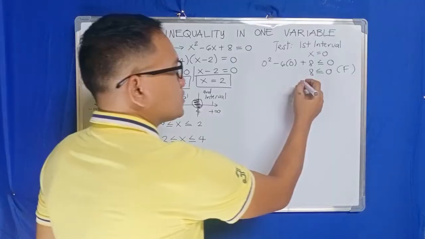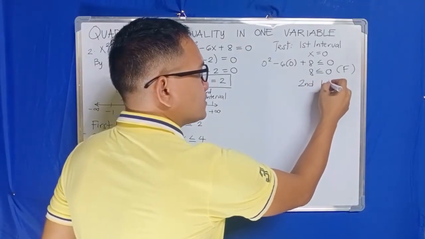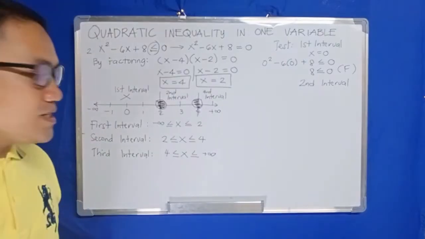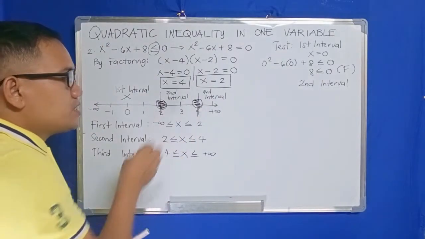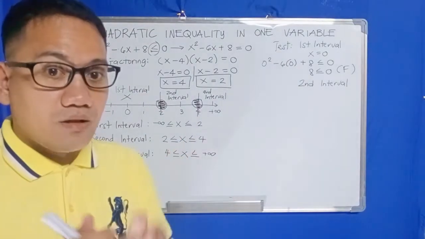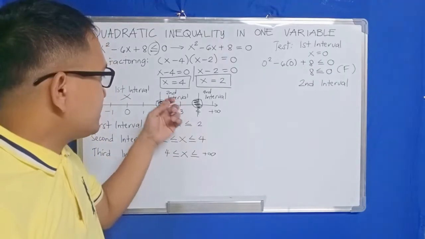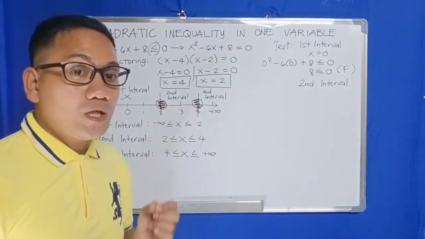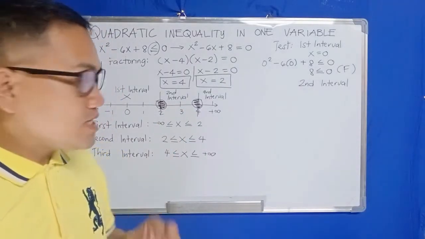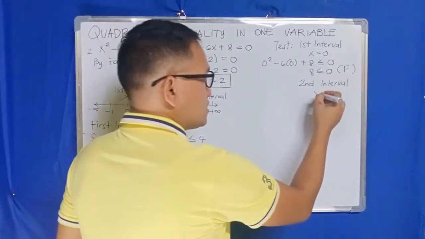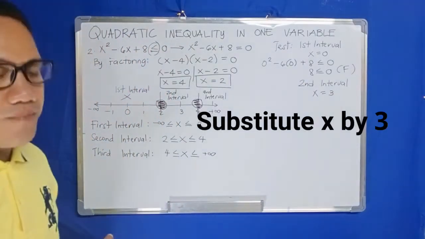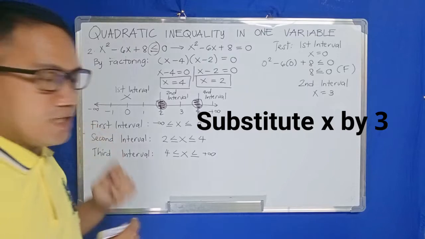This time, let us try to test our second interval. And in testing our second interval, we will utilize a point that is present in the second region. So we will not use 2, we will not use 4, but instead numbers between 2 and 4. In this case, we will let x equal to 3 and substitute all x by 3 in our quadratic inequality.